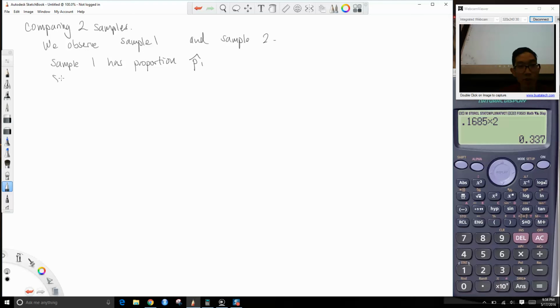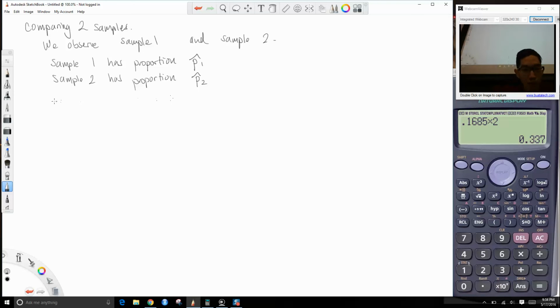Sample 2 has proportion p hat 2, okay? If p hat 1 and p hat 2 are different, does that mean population 1 and population 2 have different proportions?